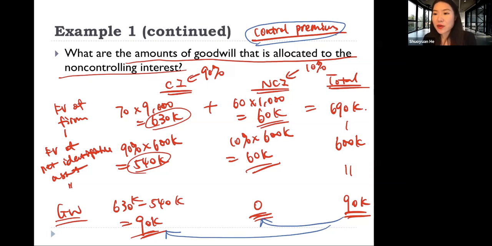Here is another way to understand this. Look at the control premium paid per share. The parent is paying 70 to acquire something which is traded at 60. So this $10 per share is the control premium.